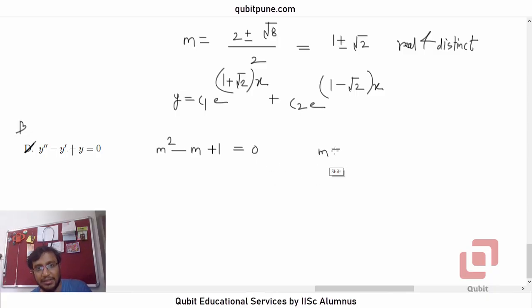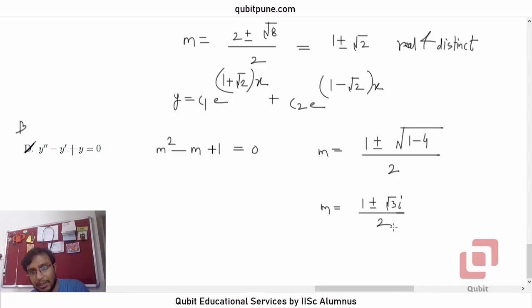Now what are the roots? m is equal to minus b plus or minus root of b squared minus 4ac upon 2a. So m is now 1 plus or minus root 3 i by 2. You might be aware of the complex number in polar or exponential form, but that doesn't matter now.